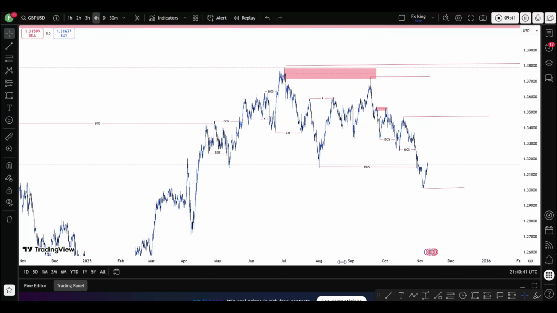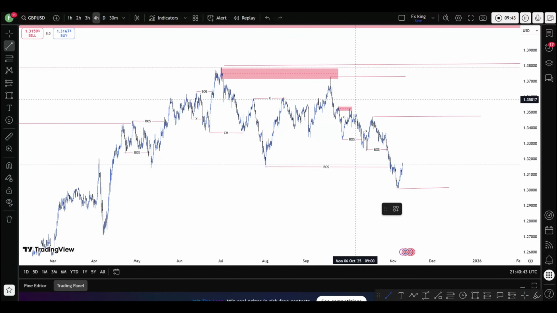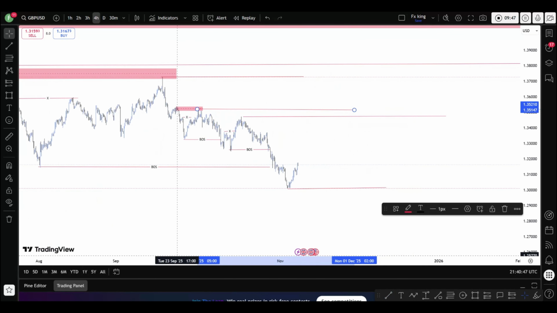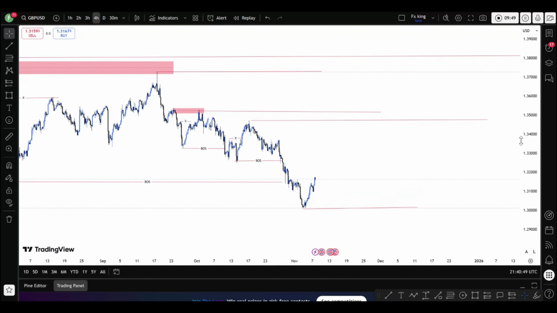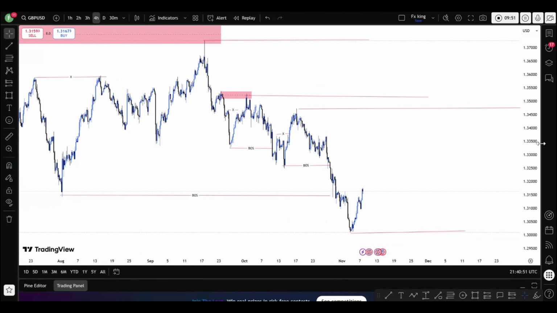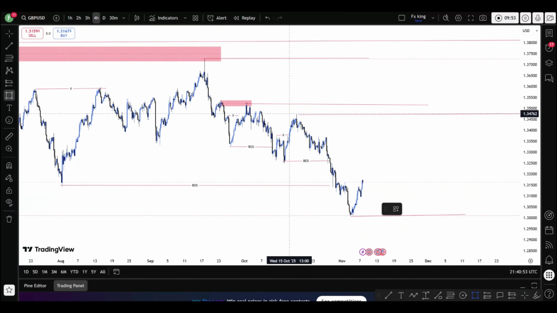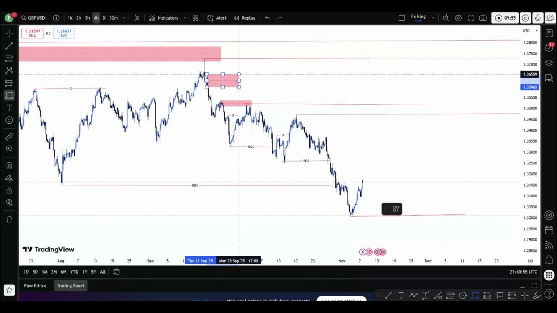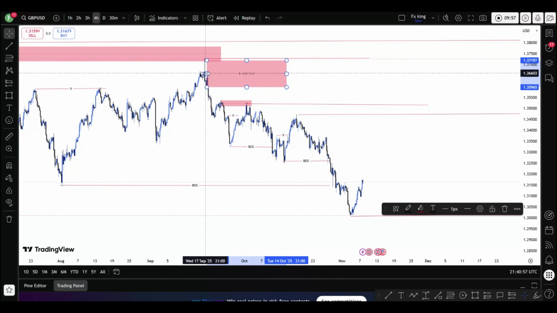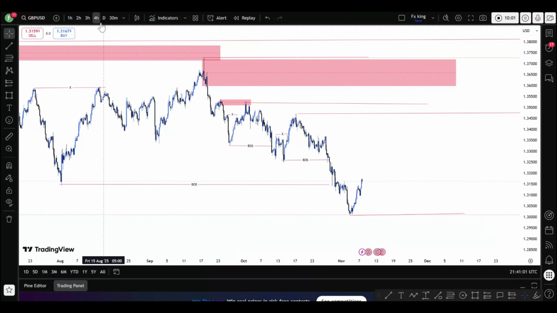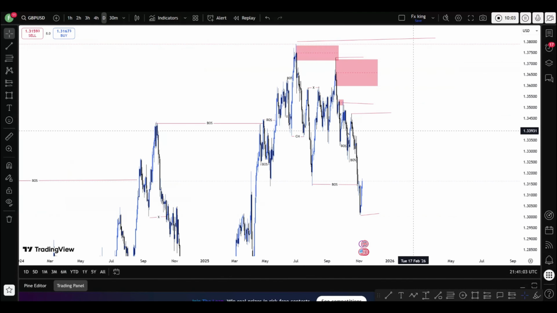So I'm expecting the market to use these two highs here as liquidity, then push up to mitigate a zone here, then we can look to sell, right, to mitigate back this zone here, which is our external zone, which is our extreme POI.